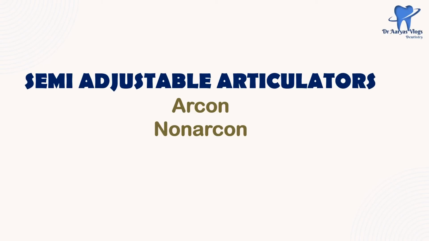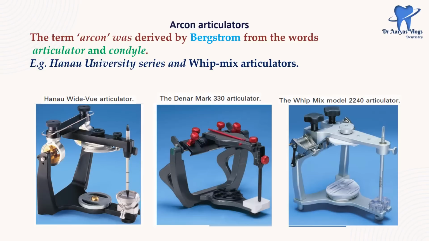Coming to the semi-adjustable articulators, we have all known that semi-adjustable articulators are of two types, arc-on and non-arc-on articulators. What are those arc-on articulators? Actually, the term arc-on was given by Bergstrom, from the words articulator and condyle.